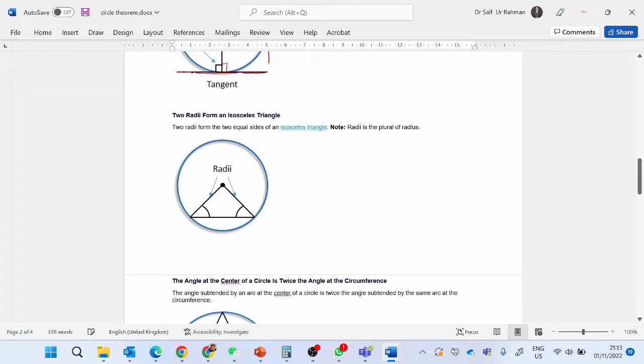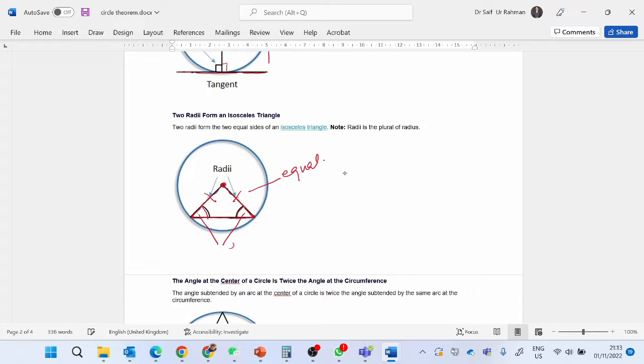And two radii form an isosceles triangle. Whenever there is a center and two lines coming out from it and touching the circumference of a circle, they always make an isosceles triangle. If it's an isosceles triangle, that means these two sides are equal, and the angles formed by these two sides are also equal.